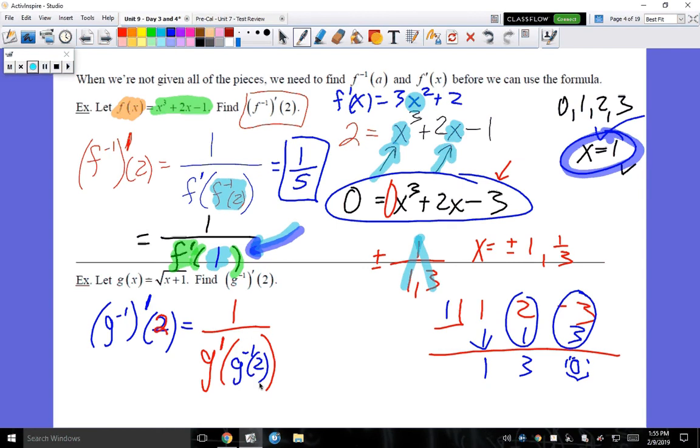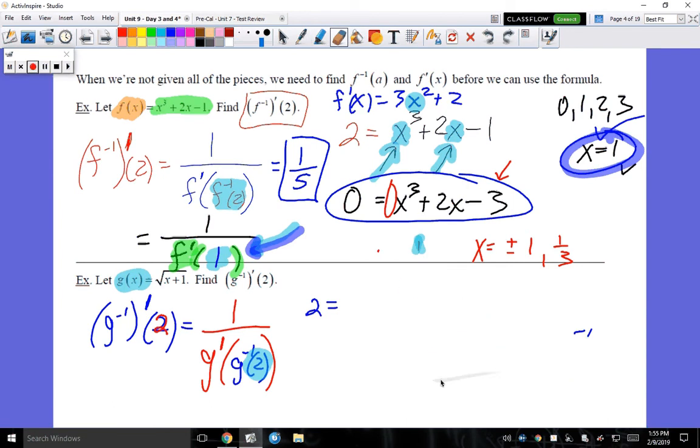This input on the inverse of g is the same as the output on the original g of x. So I will put 2 is equal to the square root of x plus 1.